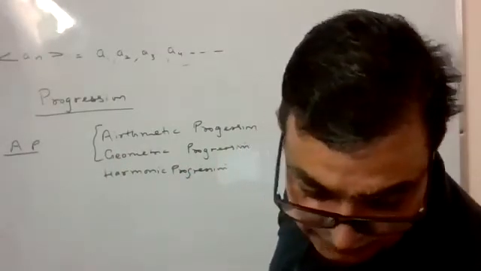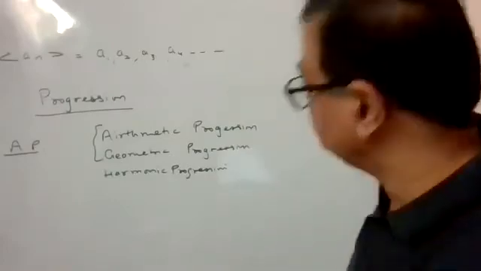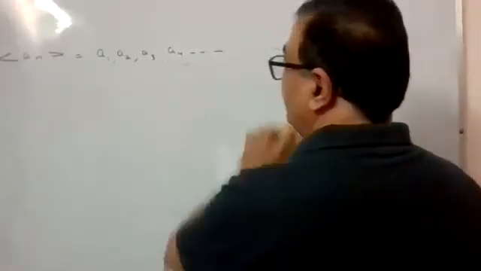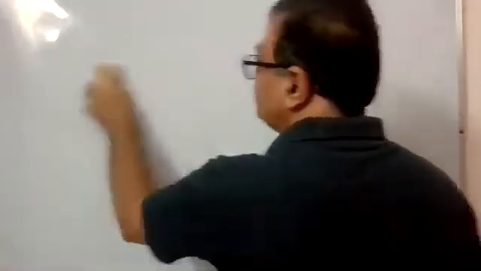Now in arithmetic progression, we have already done. What is arithmetic progression? Can you tell? What is the general definition of arithmetic progression? So the successive terms have a common difference. Okay, write down.